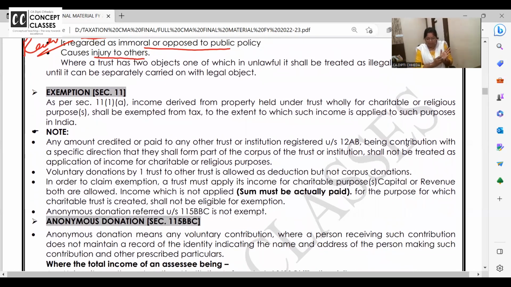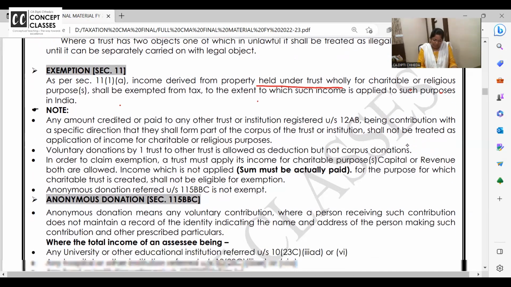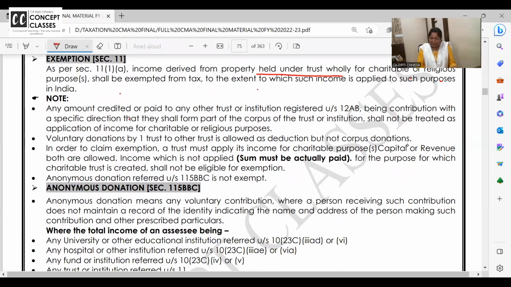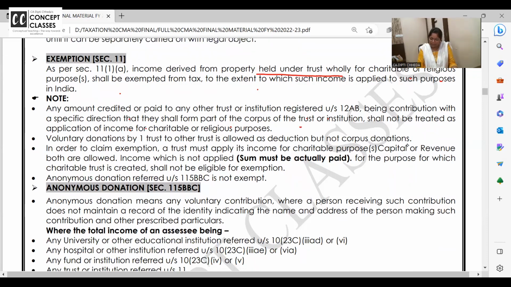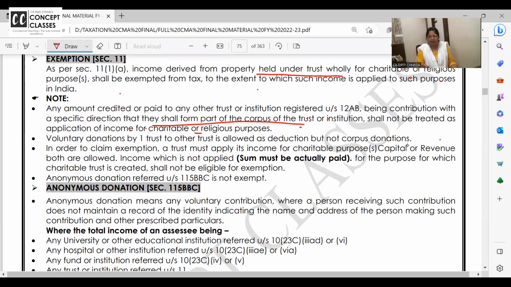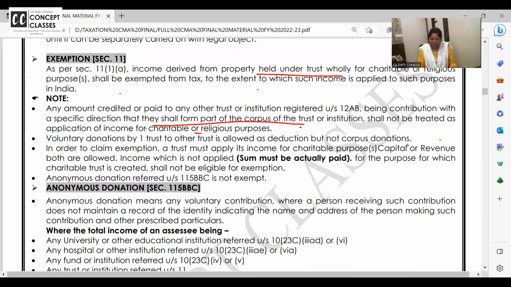Chalo. Now, exemption. We have already discussed this in the introduction, but I want to read it out. 11(1)(a), income of property held under a trust for religious purposes shall be exempt. If any amount is credited or paid to another trust, being a contribution with a specific direction that it shall form part of the corpus, it shall not be treated as application. Already clear ho gaya, corpus ke liye diya to no exemption.